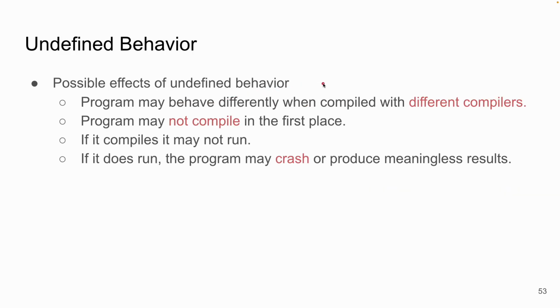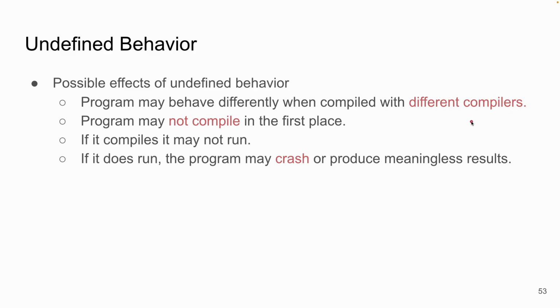And undefined behavior is bad, and we should avoid that. The reason we should avoid undefined behavior is that it will cause the following effects, and those effects are not good for our code and computer. The first thing caused by undefined behavior is that your program might behave differently when compiled with different compilers.